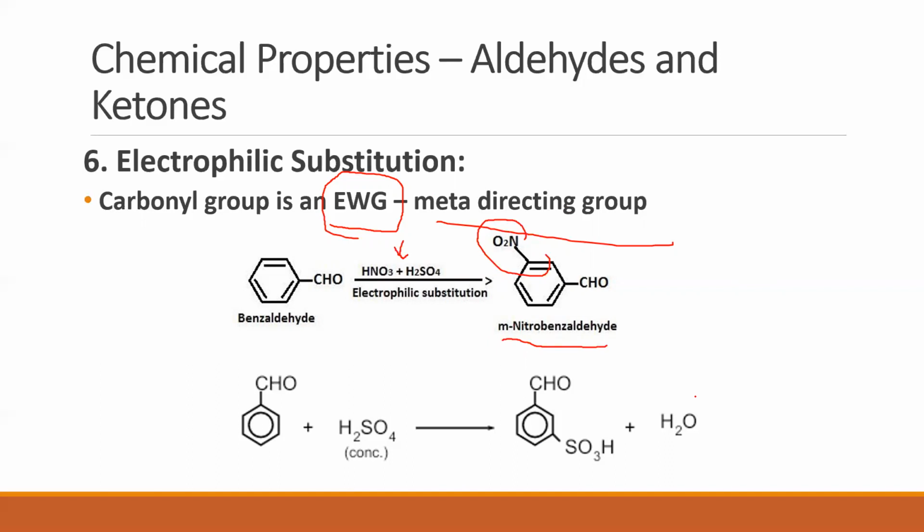So I want you to take these two reactions as homework. Friedel-Crafts reaction, I want you to carry out Friedel-Crafts reaction and halogenation of benzaldehyde. So take benzaldehyde, start with benzaldehyde, carry out Friedel-Crafts reaction. Clear?